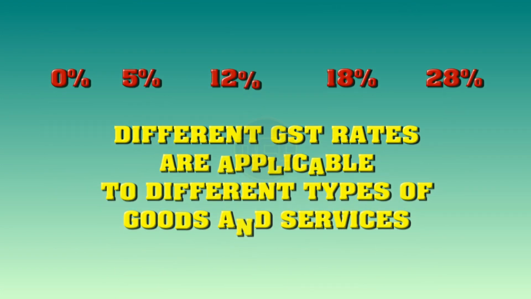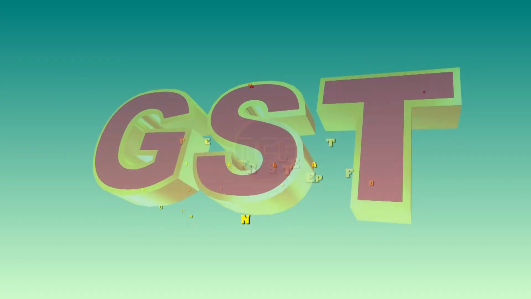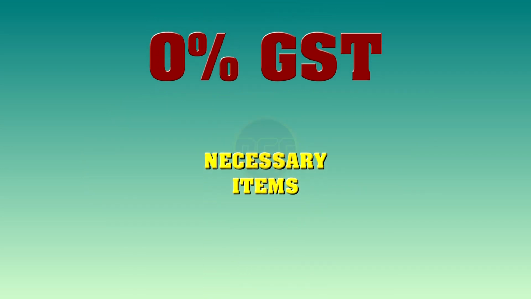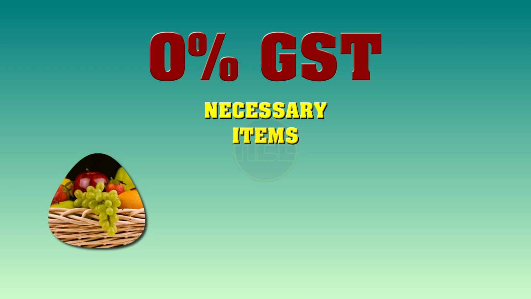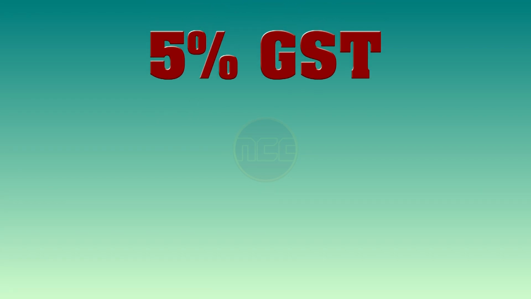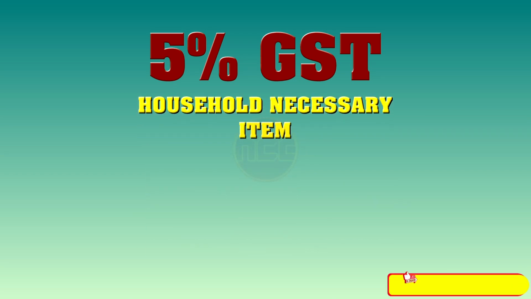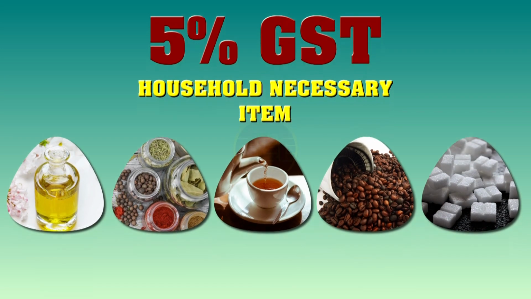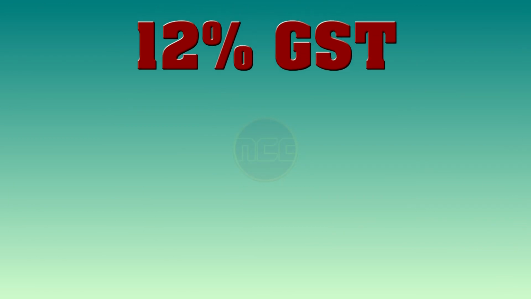Different GST rates are applicable to different types of goods and services. GST rates are: first, 0%. It includes necessary items like fruits and vegetables, bread, salt, etc. Then 5% GST. It includes household necessary items like edible oil, spices, tea, coffee, sugar, etc. Then 12% GST.